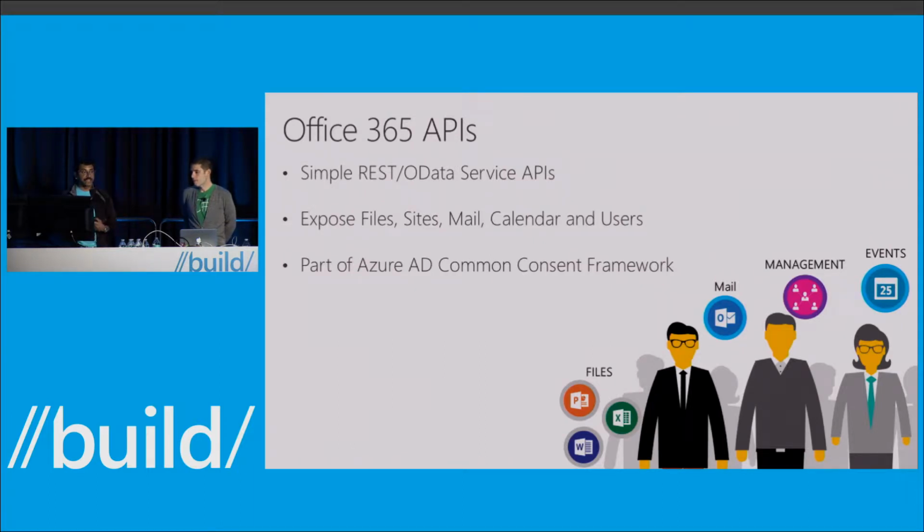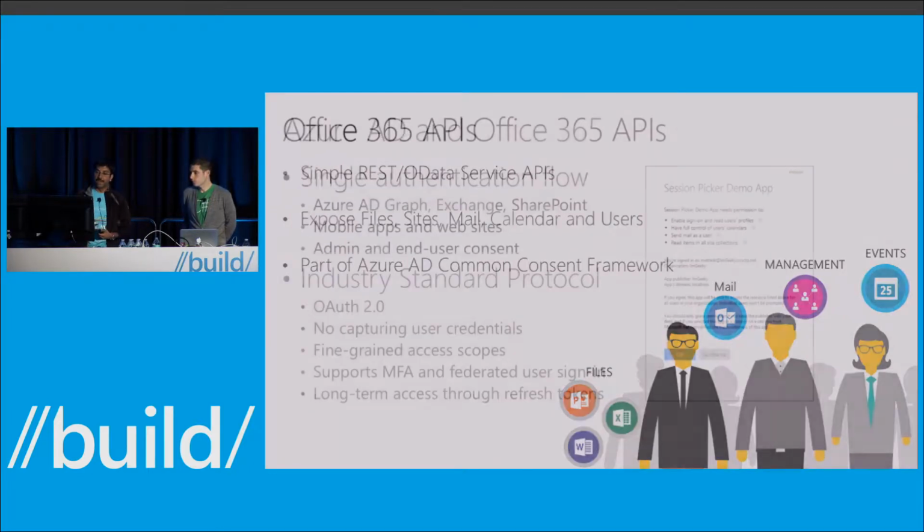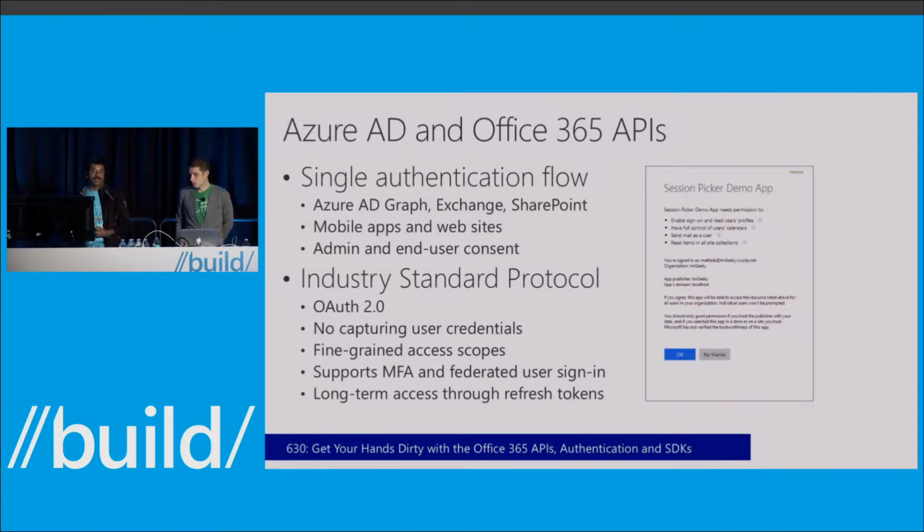So Azure AD is what powers the user management and the application management in Office 365. So this whole feature-rich API set is part of that Azure AD. What that means is it gives you a single authentication flow. So how many of you have used cloud services, Facebook, Twitter applications, right?